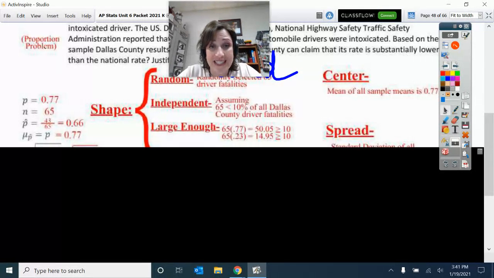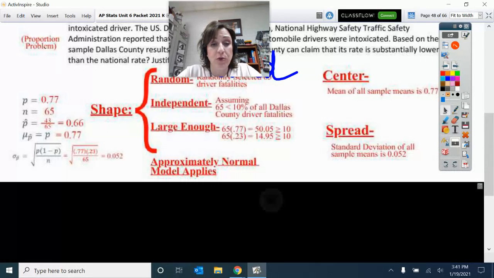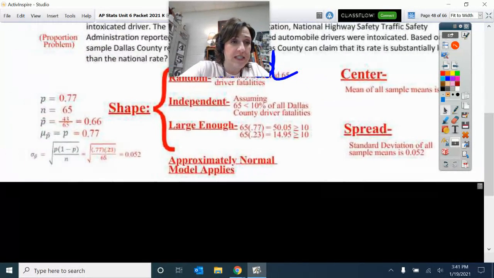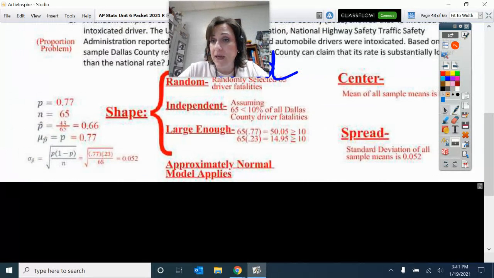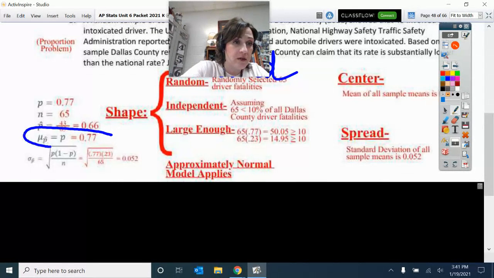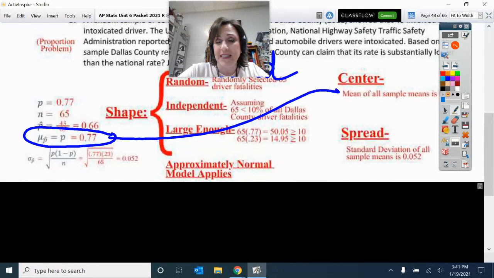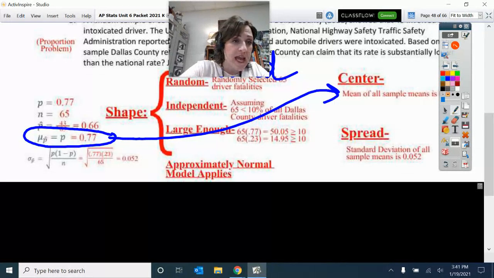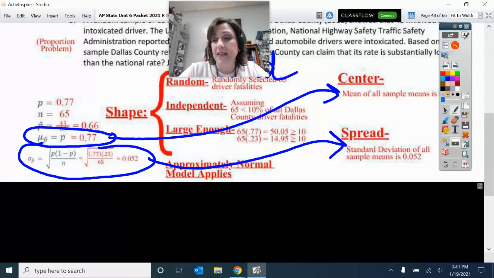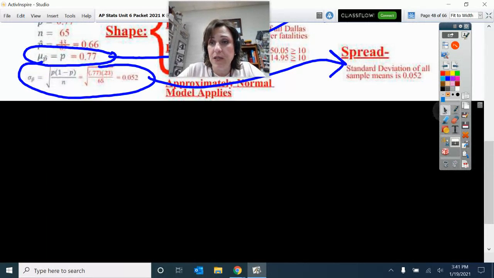So both greater than or equal to 10. Approximately normal model applies. The center, of course, is your mean of the p hats right here. You can just write that in symbols. You don't have to put the words. And your standard deviation of the p hats. Write that there. Okie dokie.